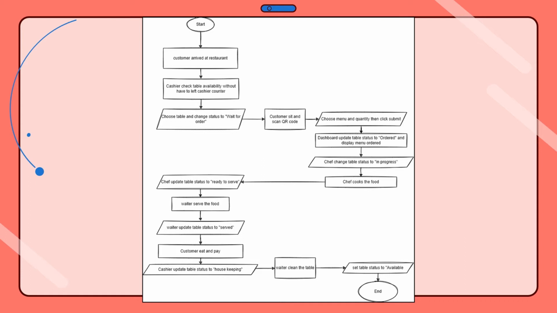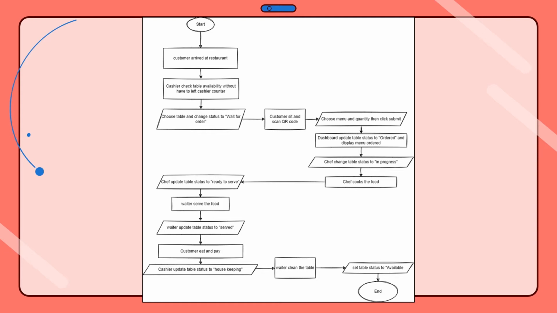And then the cashier will tell the customer to sit and explain how to scan the QR code. The customer will sit and scan the QR code, then choose the menu and the quantity for each food and drink, then click submit. The submission will change the dashboard. The dashboard will update the table status to ordered and display the menu ordered.